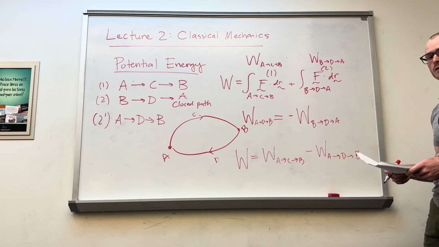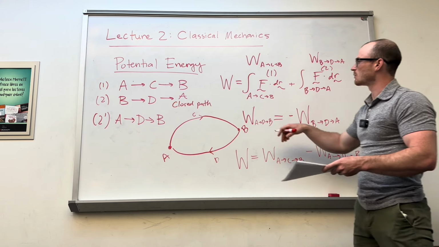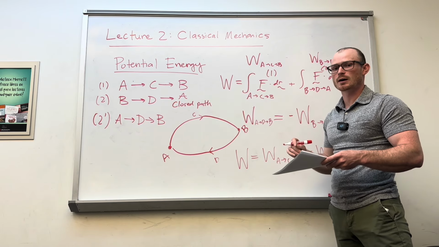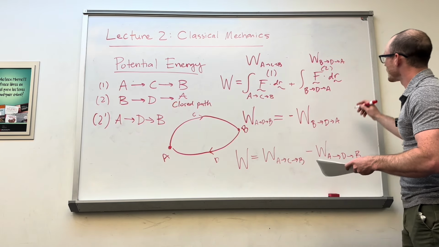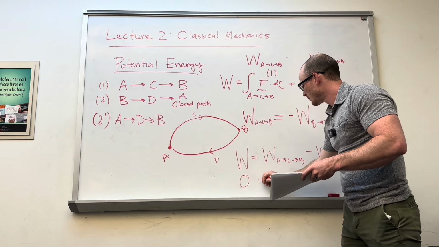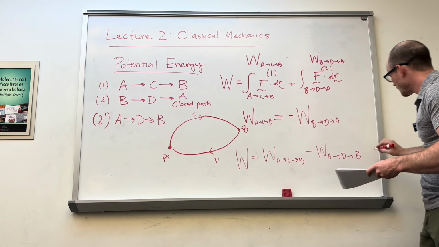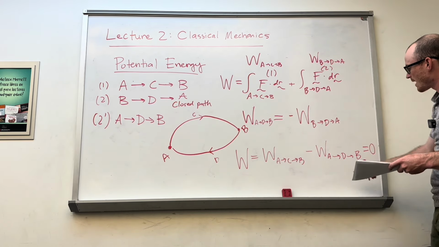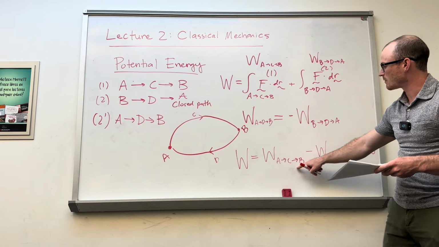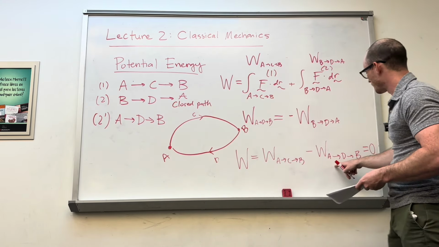Now, what happens if the force is conservative? If the force is conservative, we know by definition that the total work has to equal 0. If this is equal to 0, we now have a relationship between the work of the path that goes through this point and the path that goes through any other point.